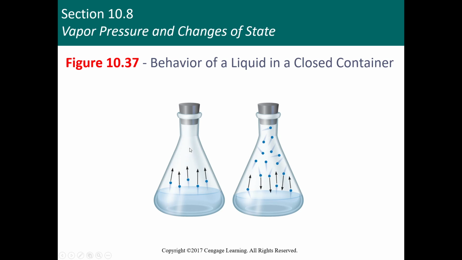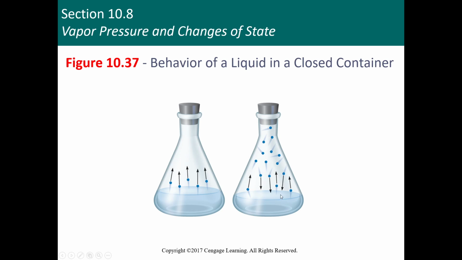And they'll go into the gaseous state. Once we have a fair number of these in the gaseous state, they're going to be bouncing around up here. And so some of them are going to bounce back when they hit the liquid. They have a fairly high chance of rejoining into the liquid. And the energy in this container is going to cause some of the liquid molecules to break off and go into the gaseous form. And this is called equilibrium.